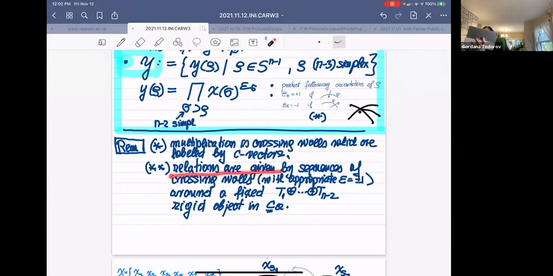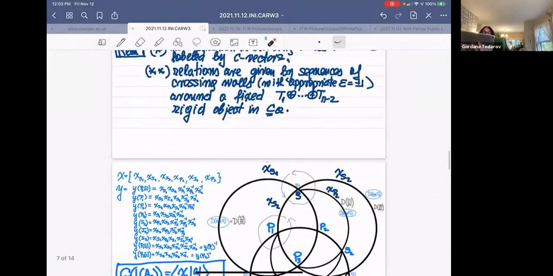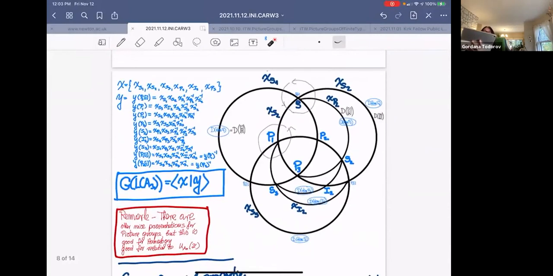And relations are given by sequences of crossing walls with appropriate signs, as I pointed out, around a fixed n-2 piece of the cluster, or n-2 rigid object in the cluster category. So the relations are always going around rigid objects which have n-2 summands. And this is the group.